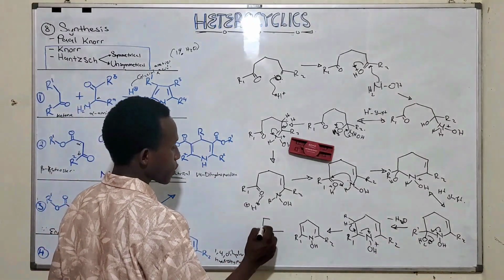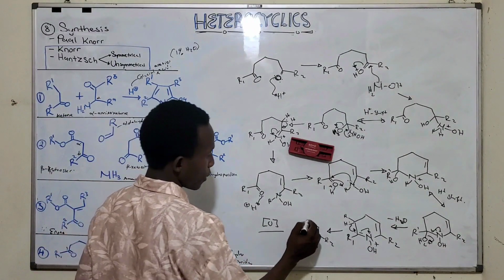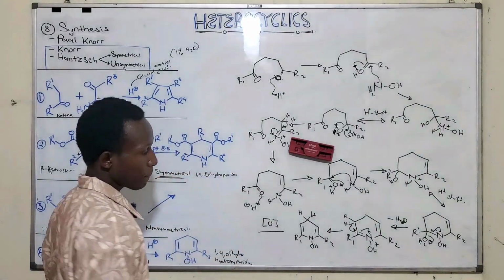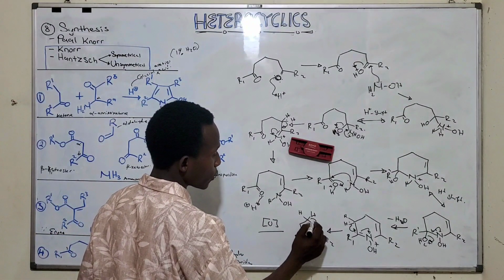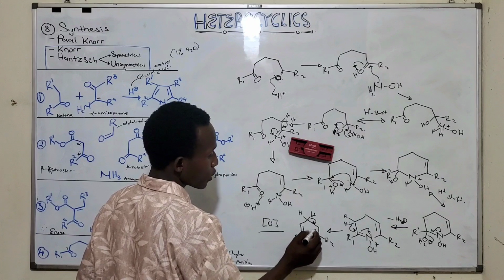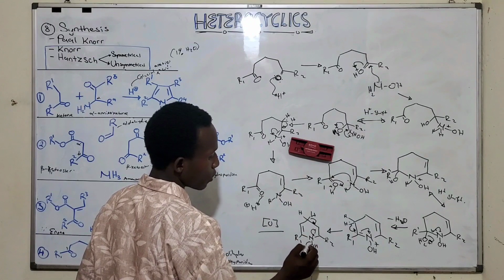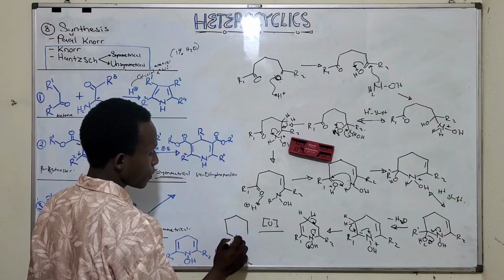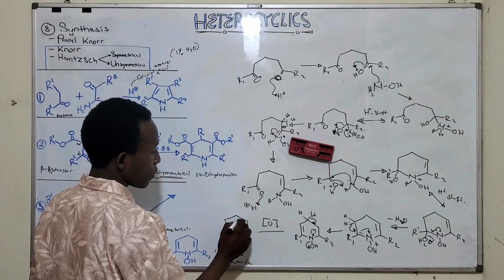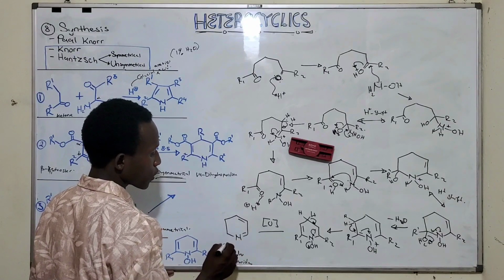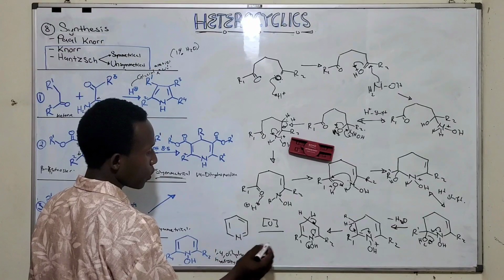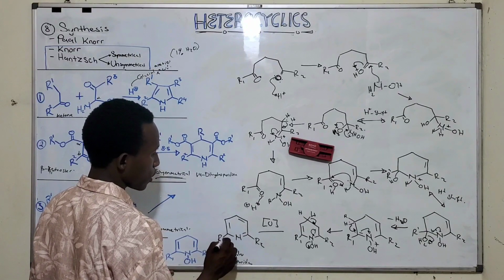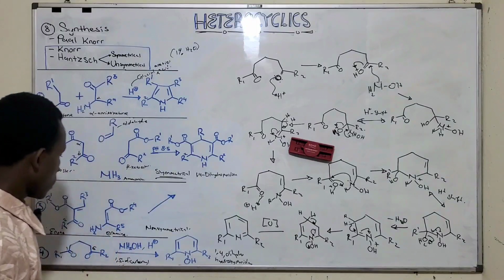So if you add oxidizing agent, here we have hydrogen and hydrogen. So it takes up one of the hydrogen, forms a bond there. This one forms a bond there, OH group goes off. So we form N. We have formed a double bond there. This one shifted to this position. Here the OH group was lost. So R2 and R1.